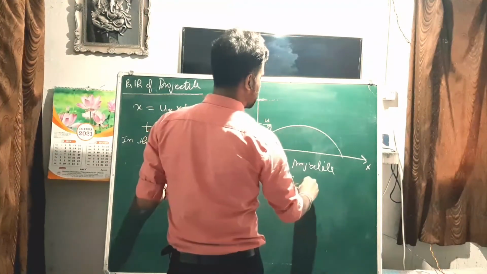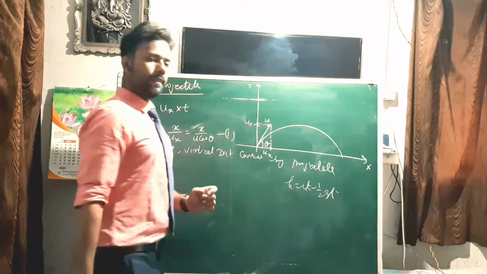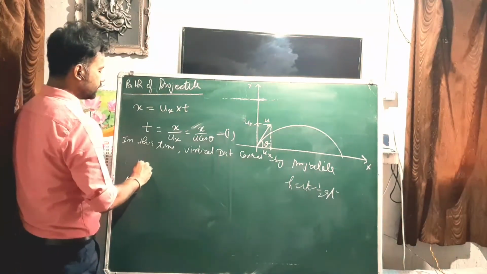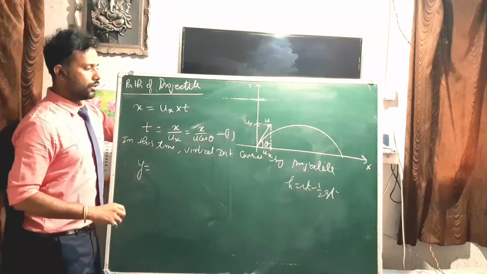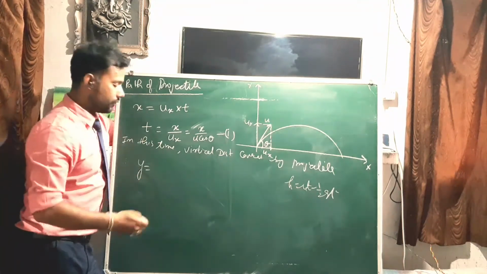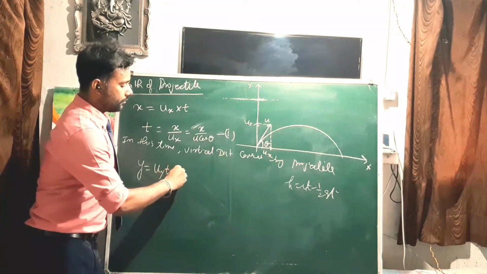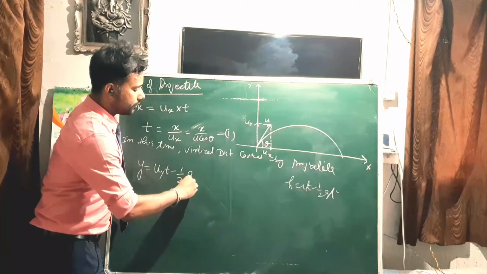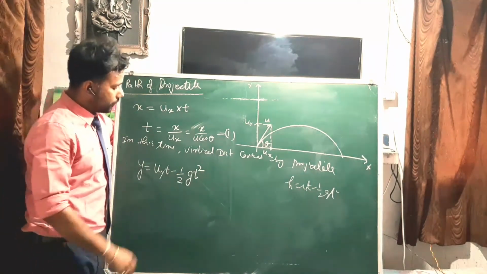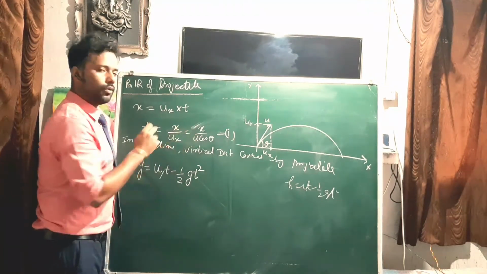The equation was h equals ut minus half gt square. Here h will be taken as y, and we take ux or uy? Uy, because we are now considering the vertical part. So y equals uy t minus half g t square. Now you know the value of uy, that was u sin theta, and you know the value of t, which is x upon u cos theta.